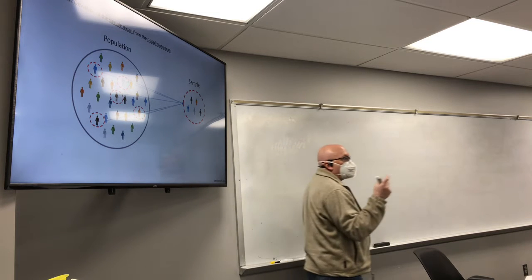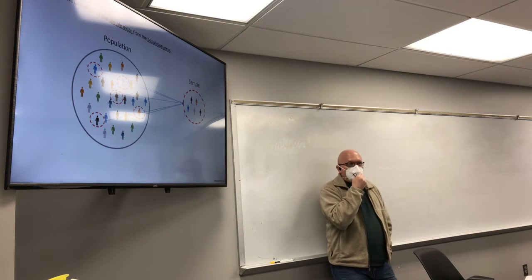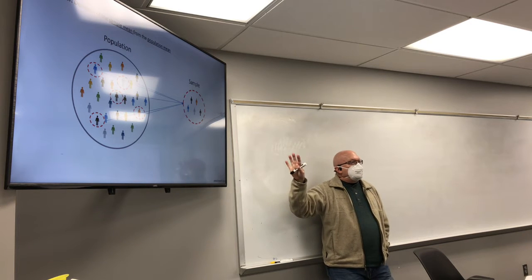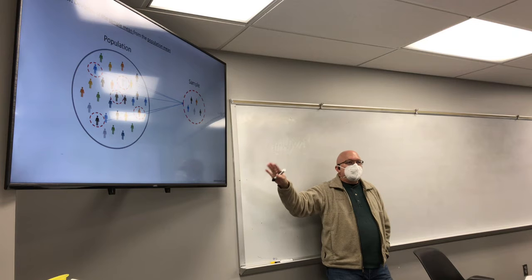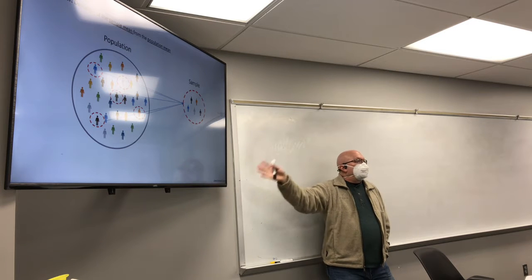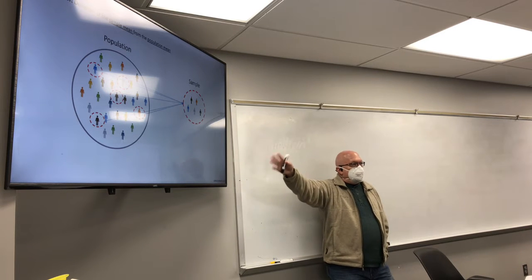But because you're only taking a sample of that population, the sales numbers that you get from that sample are going to be slightly different or radically different depending on the relationship of your sample to your population. They're going to be different from what you would find if you looked at the entire population.